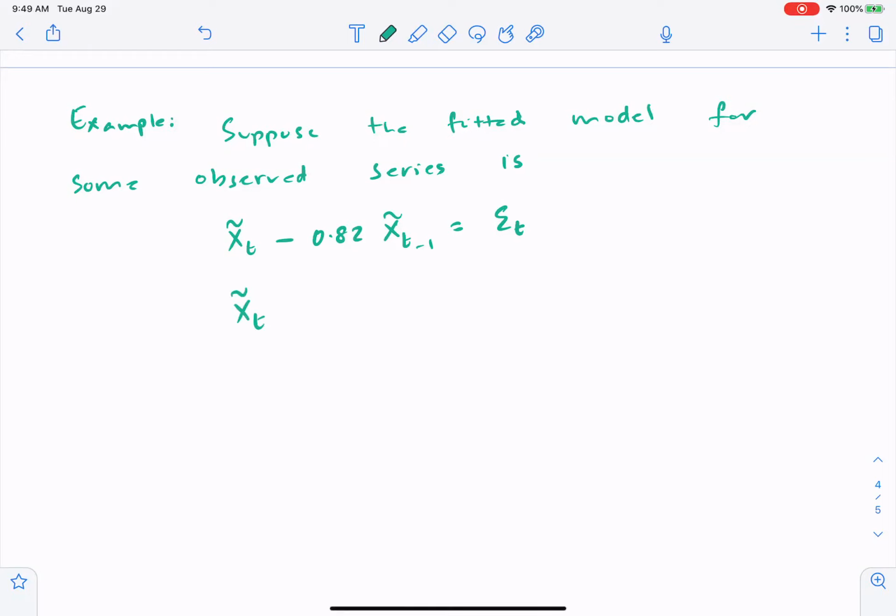So first step would be to rewrite the series that I have: x_t tilde minus 0.82 B x_t tilde equals epsilon t. x_t tilde is the common factor, so I can write it this way.